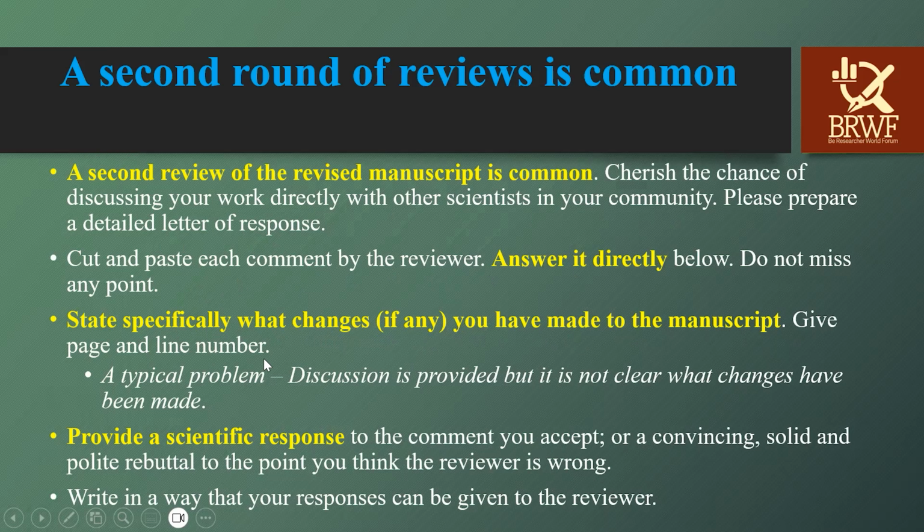Give page and line numbers. We can also use color to state specifically what we actually changed in our manuscript. A typical problem is that a discussion is provided, but it is not clear what changes have been made. That's why we have to be very specific.